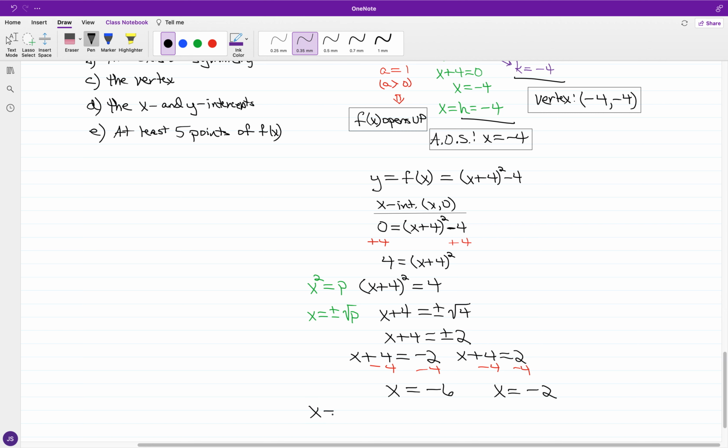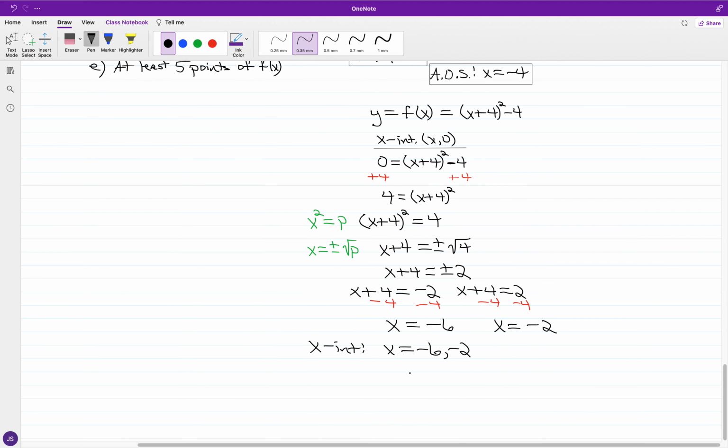So we end up with a couple of x-intercepts: x equals -6 as well as x equals -2. You can also write this in coordinate fashion: (-6, 0) as well as (-2, 0).